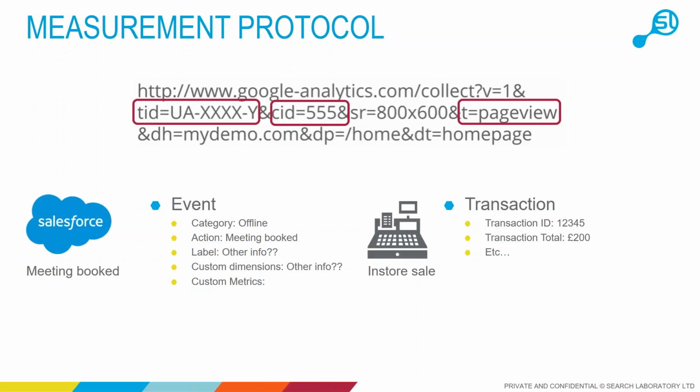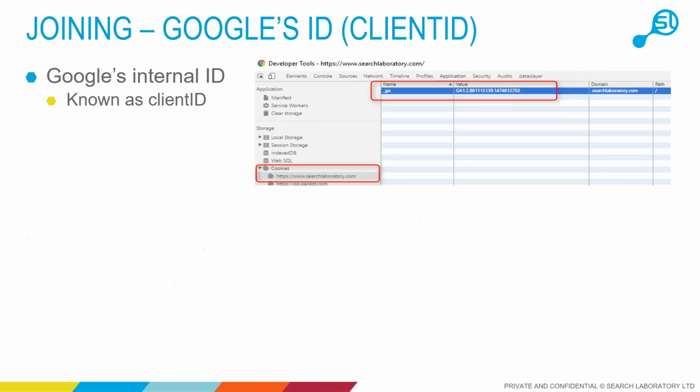You would need to be able to identify that person somehow, using a loyalty card or email or some other method, but that's another example. So that's measurement protocol, which deals with how you get information into Google Analytics. It's relatively straightforward for a developer to implement, I would say, and we would help guide people through that as well.